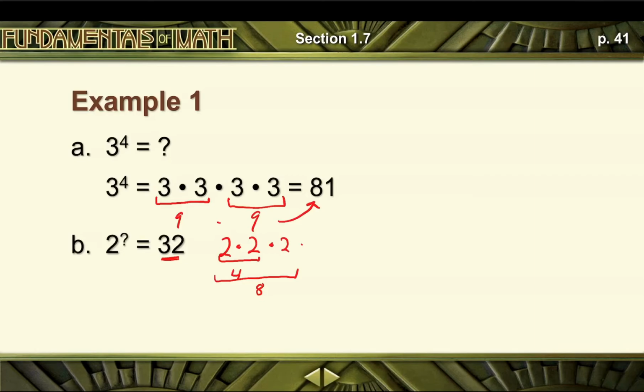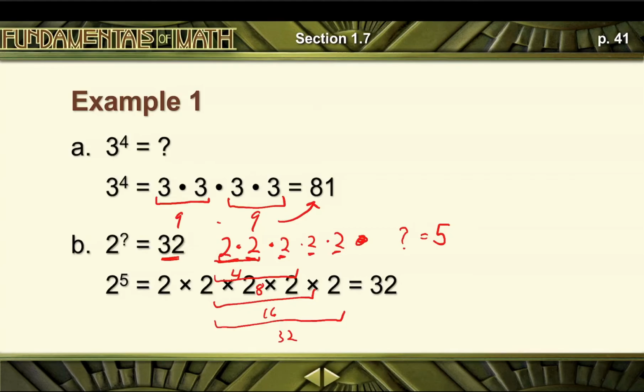We're trying to get to 32. Times another 2, that's 16. Times another 2, well, that is 32. That's what we want. So what does the question mark represent here? That represents a 5 because we have 1, 2, 3, 4, 5. So the question mark is a 5.